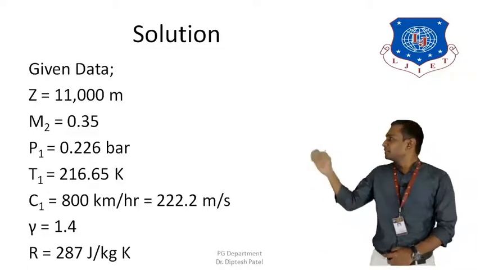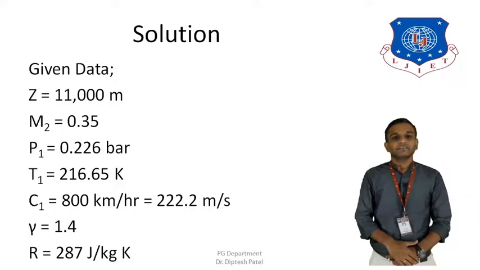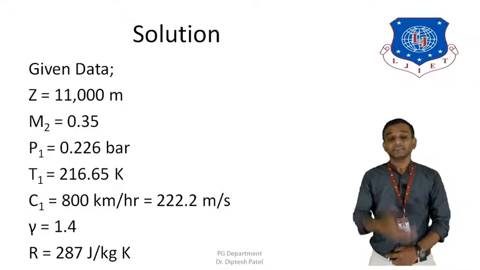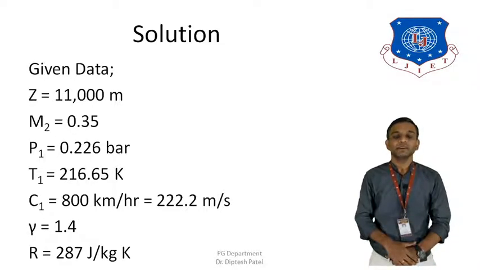First of all, we need to go through the given data. First thing is Z, which is equal to 11,000 meter, Mach number at exit M2 is 0.35, then P1, pressure at section 1, is 0.226 bar, T1 at section 1 is 216.65 Kelvin, C1 is given to us as 800 km per hour, and I am going to convert that into meter per second, so that would be 222.2 meter per second.